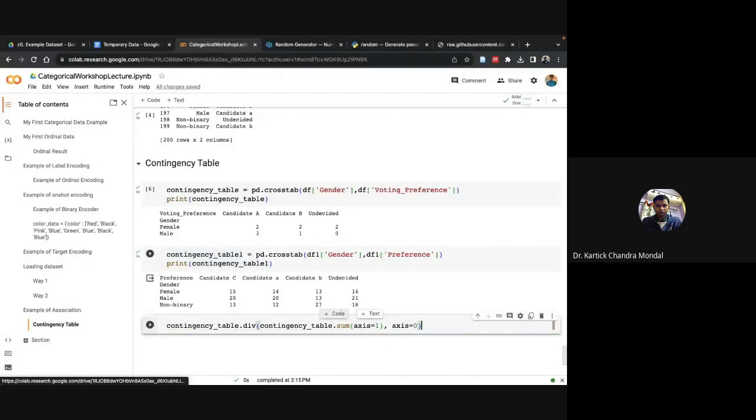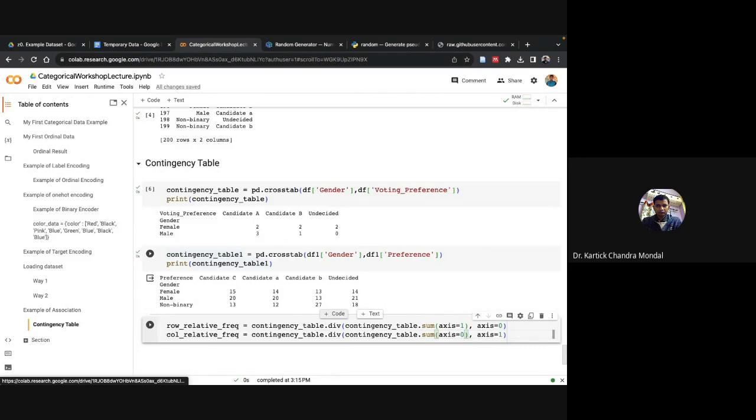So this will generate one table that is called the row relative frequency table, and then for the column frequency table, you use 0.